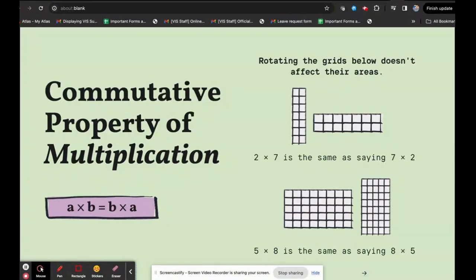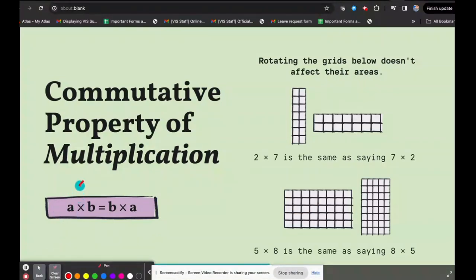Commutative property of multiplication. Let's talk about multiplication this time. It states that a times b is equal to b times a. You can see the grid here. In the first case, in this grid, we have two columns, and 1, 2, 3, 4, 5, 6, 7, so we have 7 rows and 2 columns.